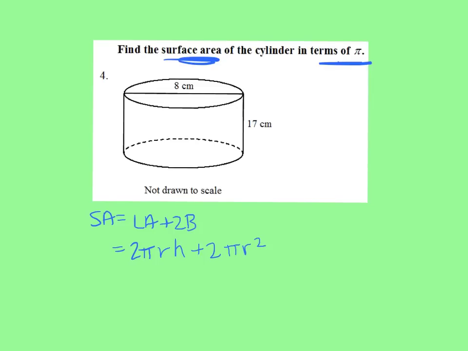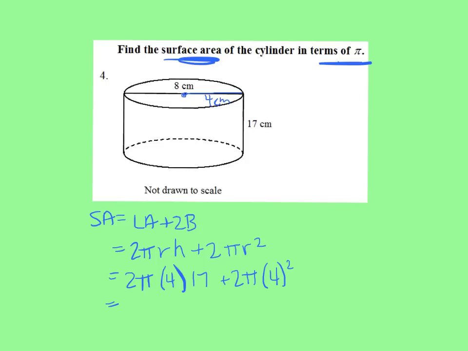So I'm just going to plug into that whole formula. Now, they did tell me that my diameter is 8. I need to recognize my radius is 4, because that's what I actually have to plug in. So 2 pi 4, my height is 17, plus 2 pi 4 squared. That equals, let's see, 2 times 4 times 17.